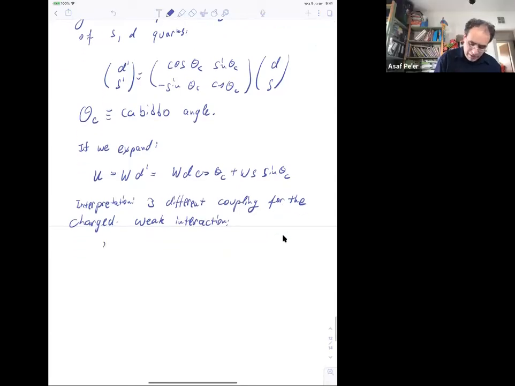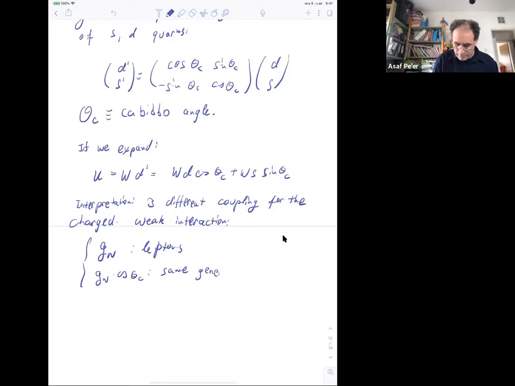We have the coupling of the weak interaction for the leptons, and then the same coupling with cosine theta Cabibbo for the same generation quarks. Then G_W times sine theta Cabibbo is for the different generation quarks.